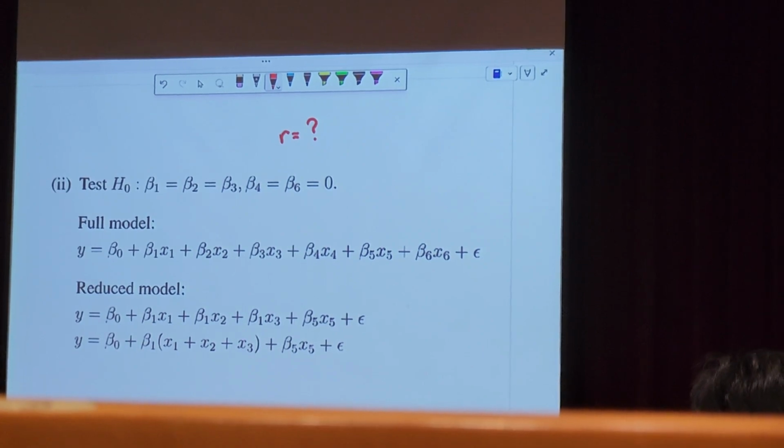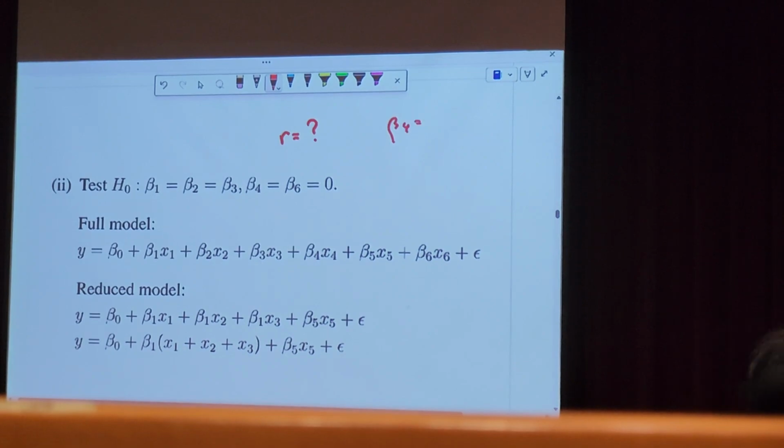So, can you tell me what is R in this case? The full model has 6 regressor variables, and then we introduce the constraints to get the reduced model. So what is the value of R?